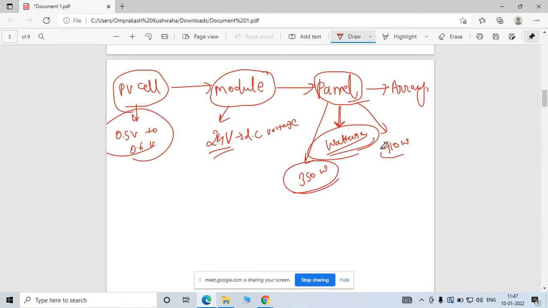Okay, so different types of panel are there, and if you install a 1 kilowatt array at your home, generally the minimum area required is 10 by 10, which is nothing but 100 square feet, for 1 kilowatt. And this whole system is a 1 kilowatt panel, right?